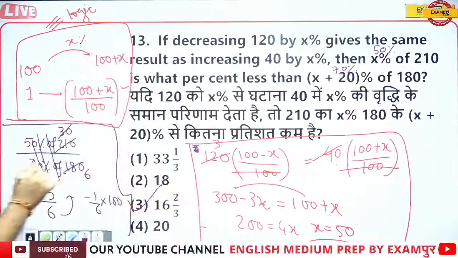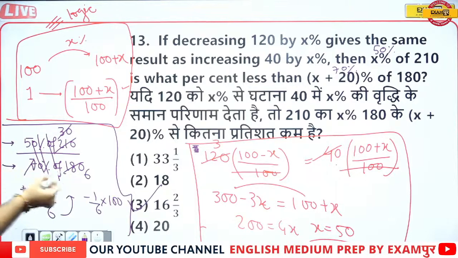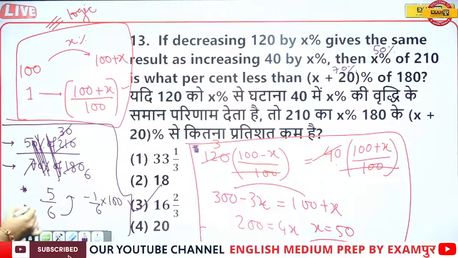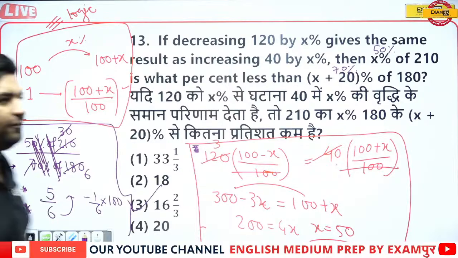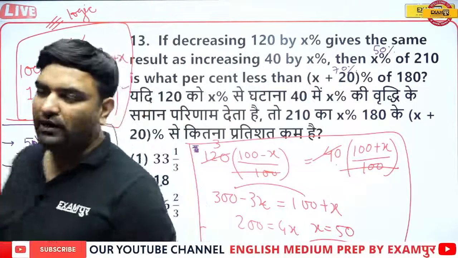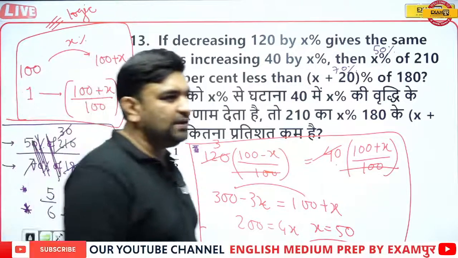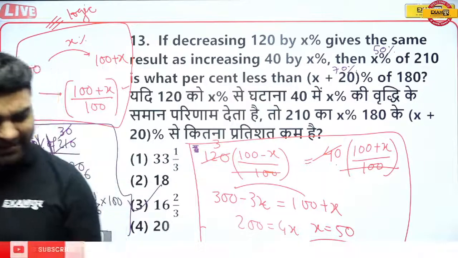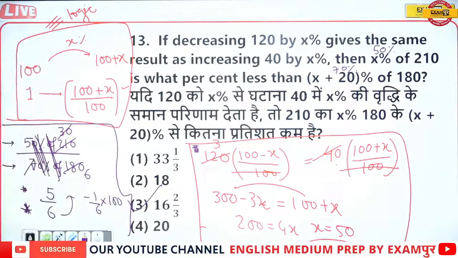You write down their ratio: 50% of 210 is what percentage of 70% of 180? You simplify it, you get 5 by 6. Now 5 is how much less than 6? 5 is 1 less than 6, so 1 by 6 into 100, 16.66 percent is the answer. Perfect.